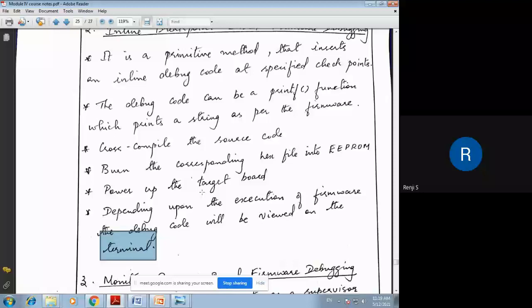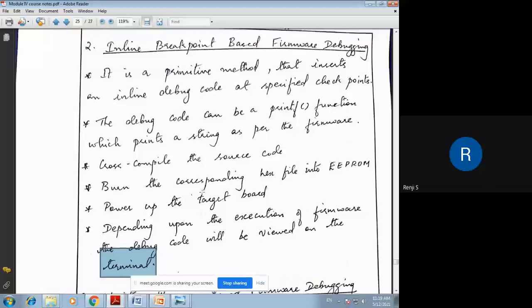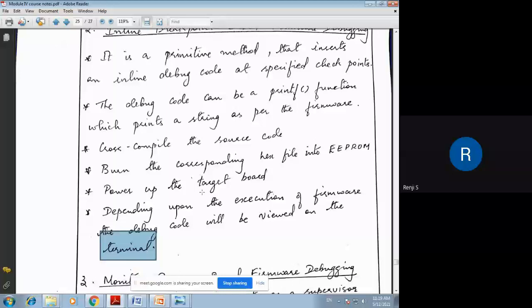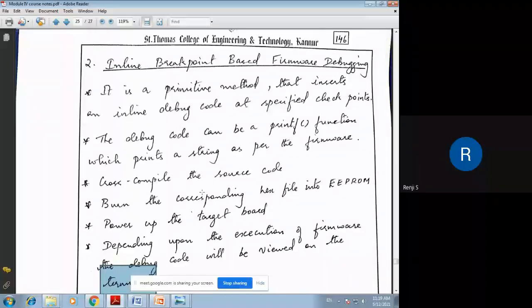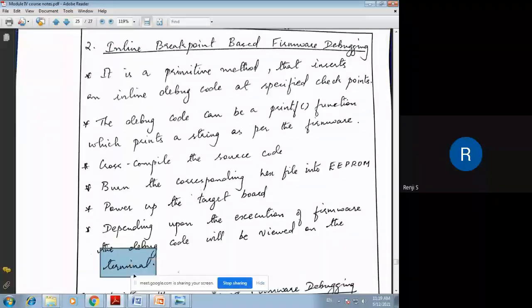So just as we did before, along with your firmware you insert some debug code, cross-compile, burn it into an EEPROM, plug it into the target board and power it up. The different outputs obtained can be viewed on the terminal. That is inline breakpoint based firmware debugging.